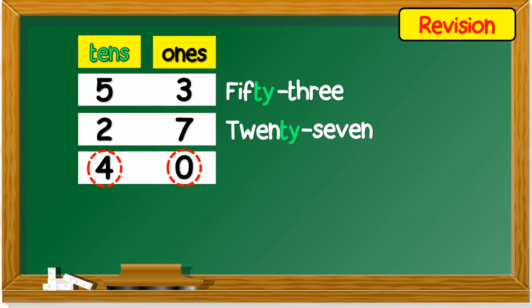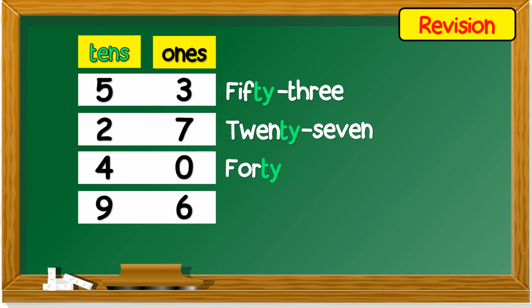So 4 tens is 40. Ones, 0, nothing, tak ada apa-apa. So this is 40. Example number 4, 9 in tens, 90. 6 in the ones is 6. So we call this 96.